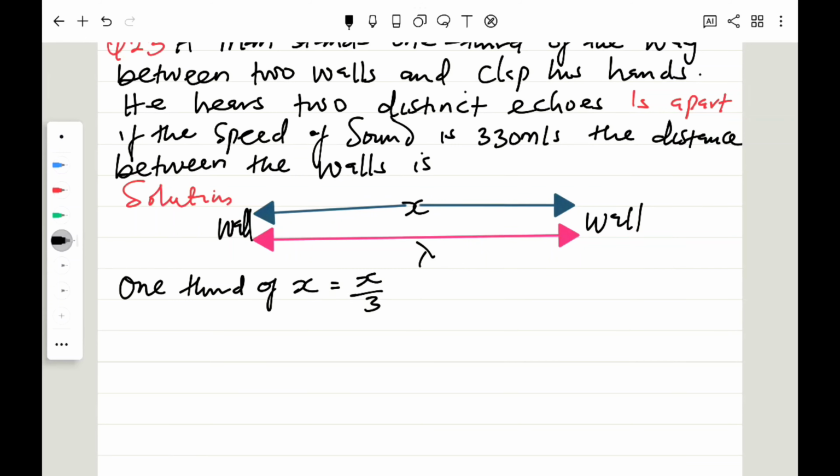Now, if we are solving this further, this will give us X minus X over 3, which is equal to 2X over 3. I hope you are following this.